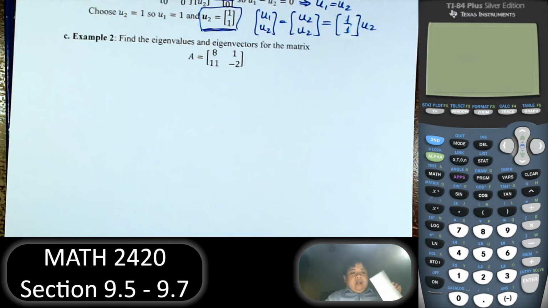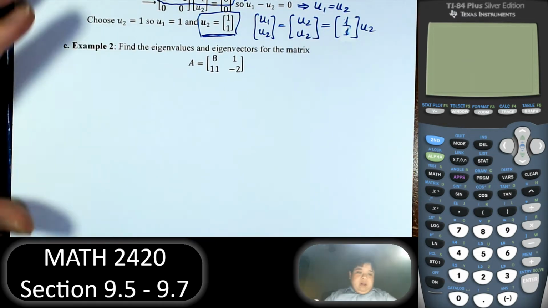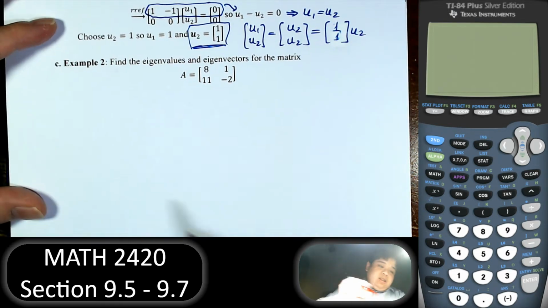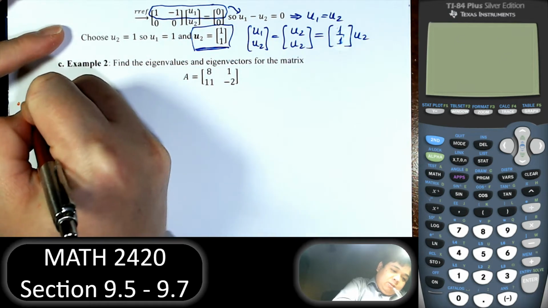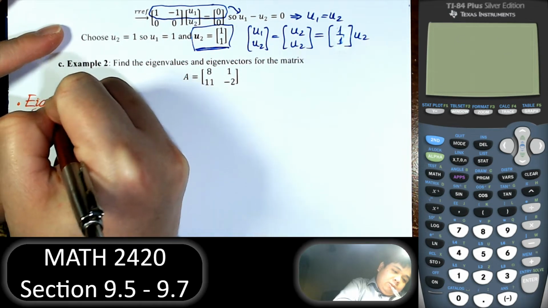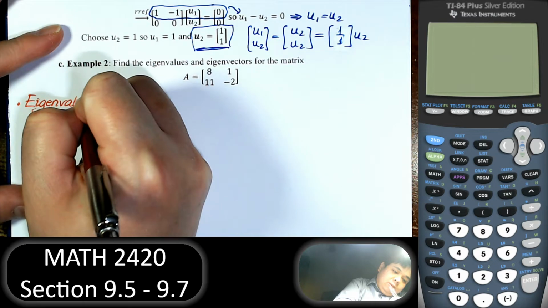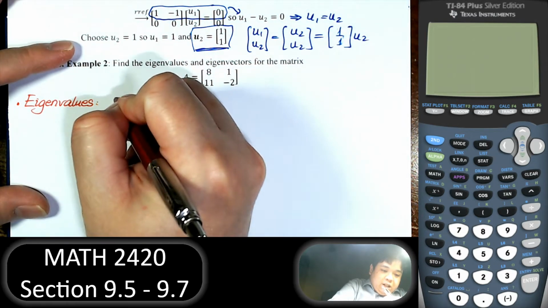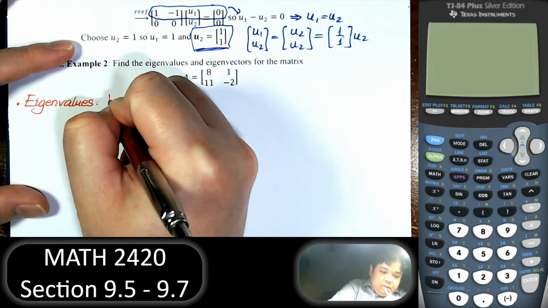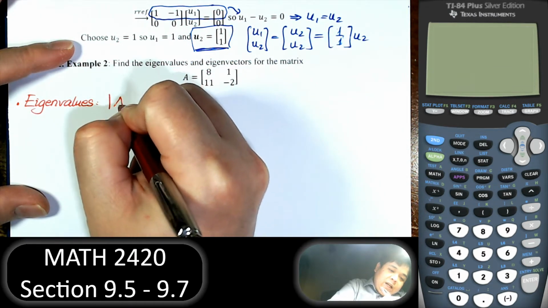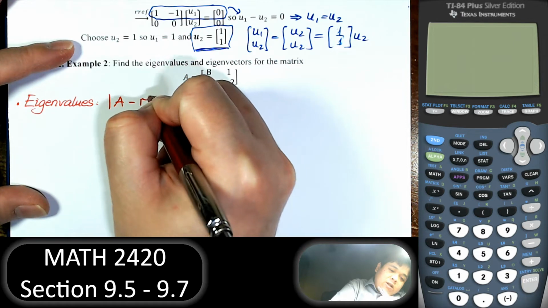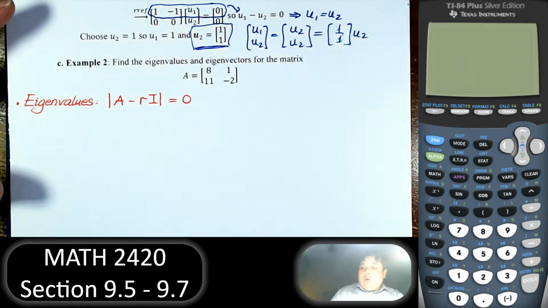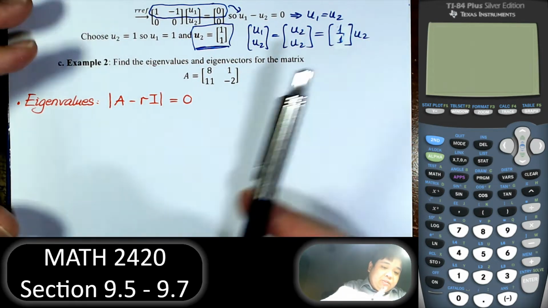All right, so let's look at the first example and see what we can do. First, eigenvalues, then eigenvectors. For eigenvalues, we're going to find the determinant of A minus r times I, and set it equal to 0. But in terms of calculation, we don't even need to write it like that.